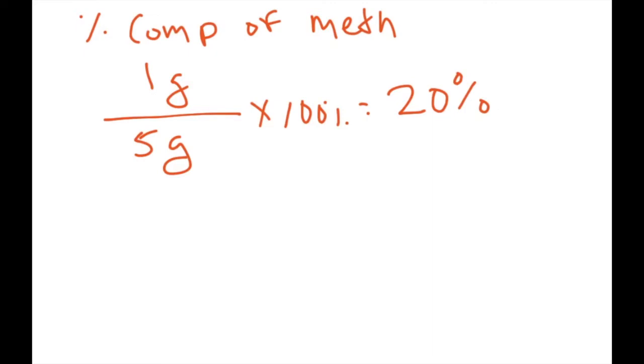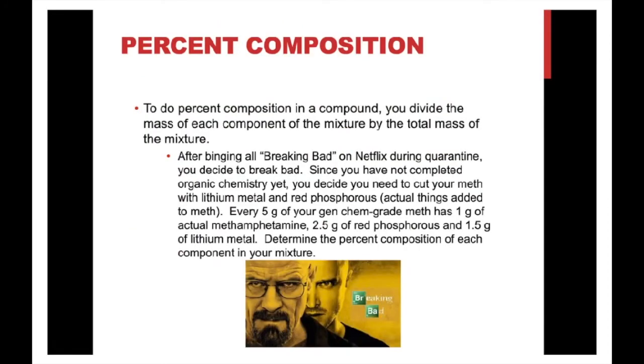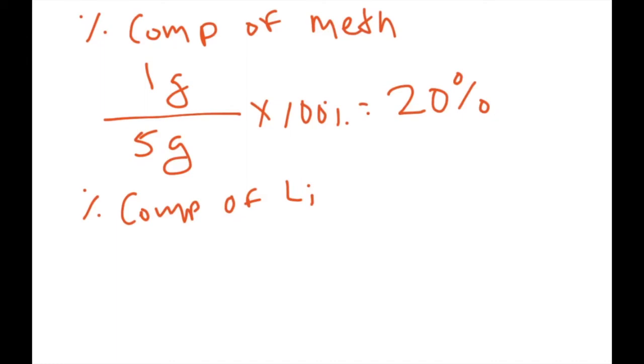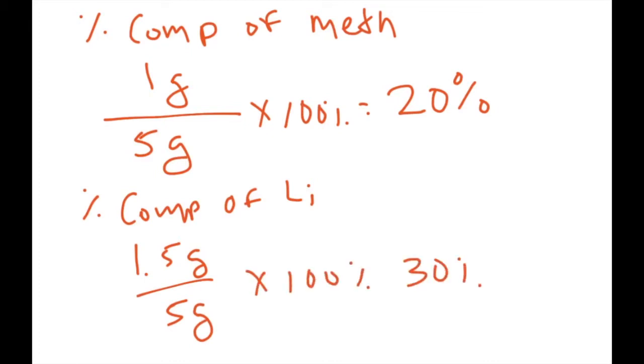So not great. What is our percent composition of lithium? Well, how much lithium was in our mixture? So we have 1.5 grams of lithium metal. So it's going to be 1.5 grams divided by 5 grams times 100. 30% lithium.